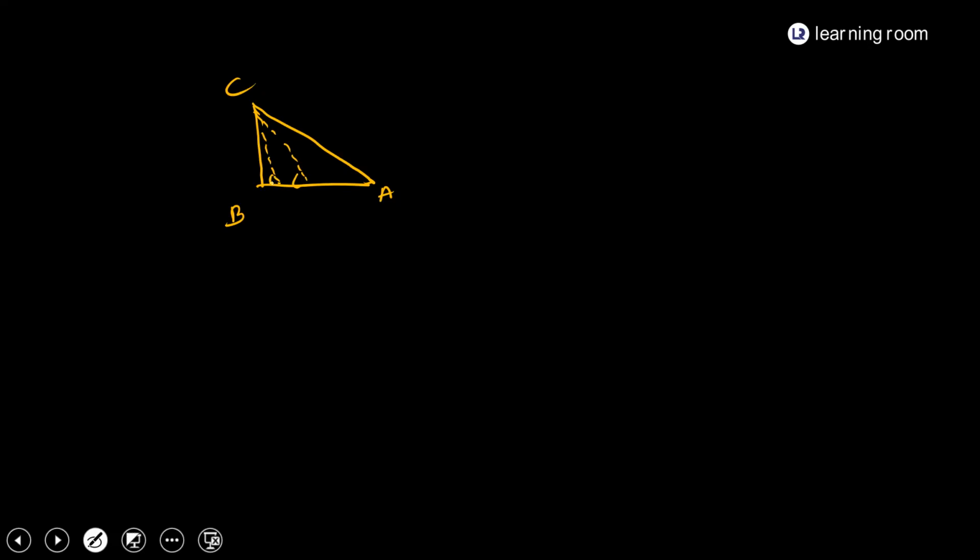And if it finally becomes vertical, then the angle will be 90 degrees, no? This one, the dotted one, also becomes vertical; if it is inclined with BC, then it's 90 degrees.